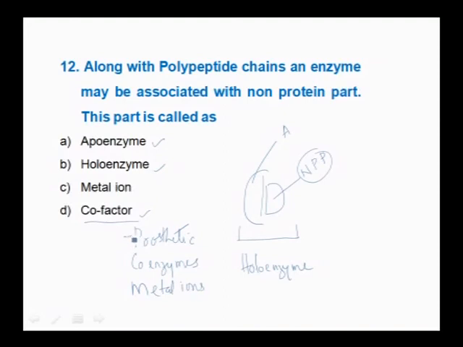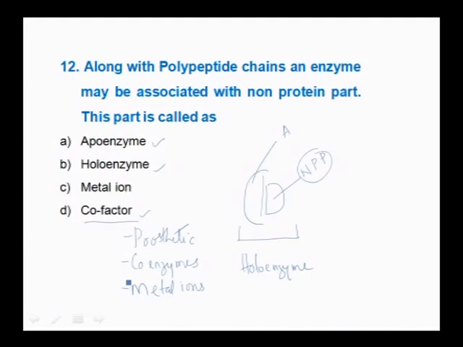So all these three are the types of cofactors. Do remember, cofactors, as I said, are the non-protein part, where the prosthetic group is the organic part permanently attached to the apoenzyme. They are tightly attached to the apoenzyme, you cannot separate it.